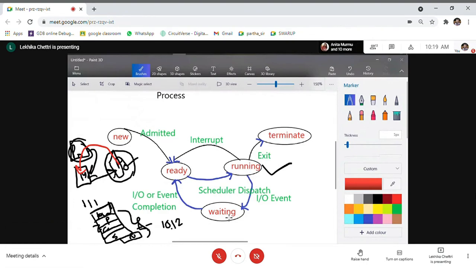So to go from ready to the running, that is to go from main memory to the processor, CPU. Memory is one type of resource, CPU is another type of resource. So to go from here, it cannot go on its own.